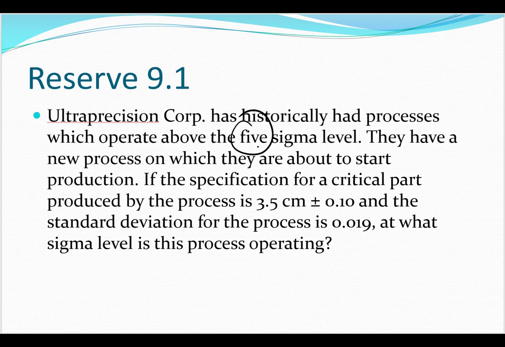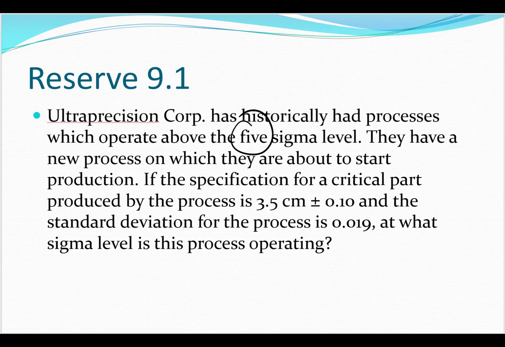They have a new process on which they are about to start production. If the specification for a critical part produced by the process is 3.5 centimeters plus or minus 0.1 centimeter, and the standard deviation for the process is 0.019 centimeters, at what sigma level is this process operating?